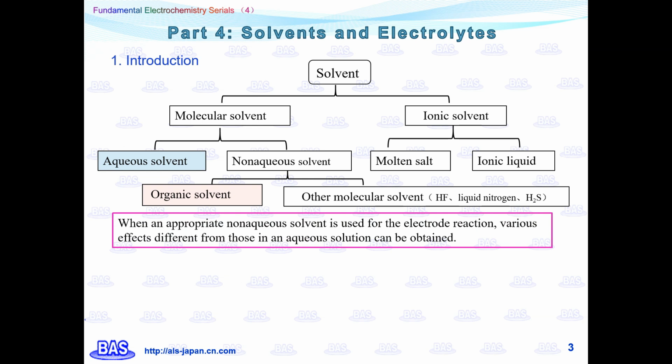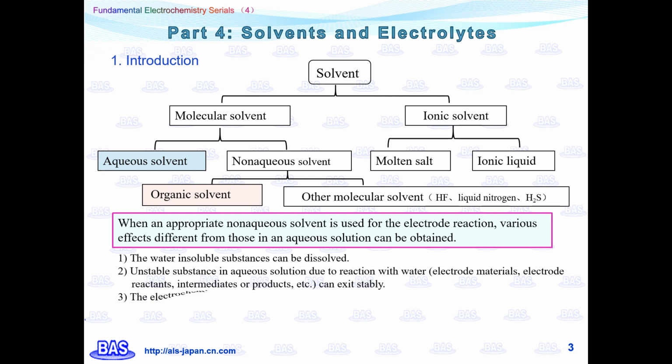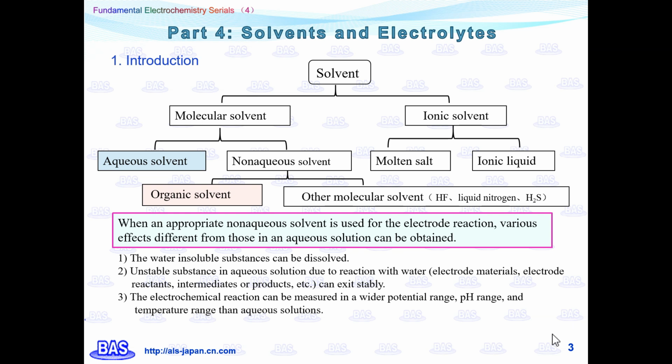On the other hand, when the electrode reaction uses a suitable solvent other than water, various effects different from aqueous solution can be obtained. For example, water-insoluble substances can be dissolved. Substances unstable in aqueous solution due to reaction with water can exist stably. The electrochemical reaction can be measured in a wider potential range, pH range, and temperature range than in aqueous solutions.